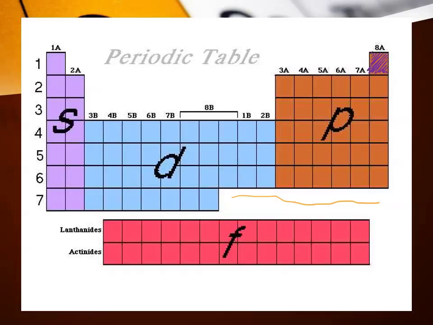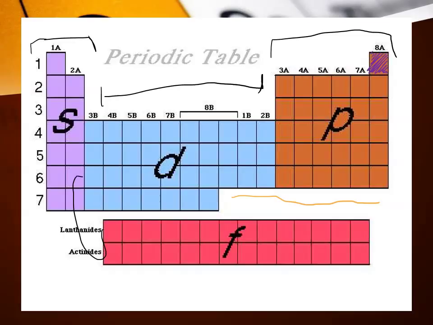But you've got our first two columns are the S block. We'll definitely talk about that more later, but just showing you what they're called. Our second block is actually our P block, which is the right 6 columns. The middle 10 is our D block. Our F block actually fits in right about here, but that's normally this kind of extra 14 columns.